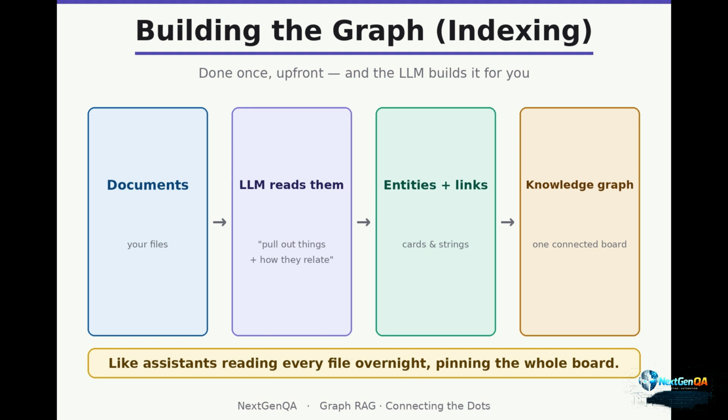Do this across all your documents, stitch the results together, and you have one big knowledge graph of your entire knowledge base. Think of it as a team of assistants reading every file overnight and quietly building the giant connection board on the wall, so that by morning every fact is pinned and every link is drawn.